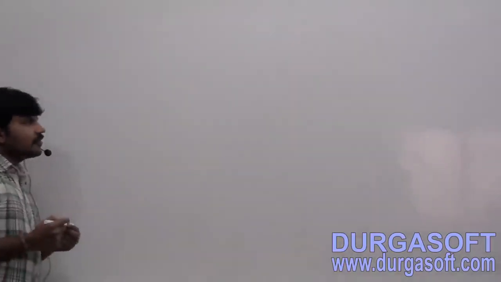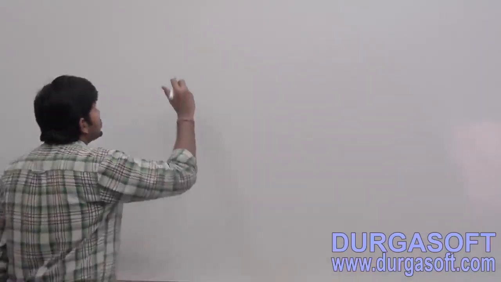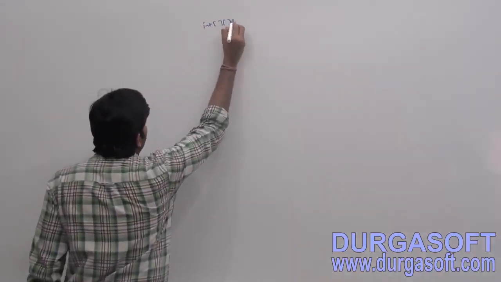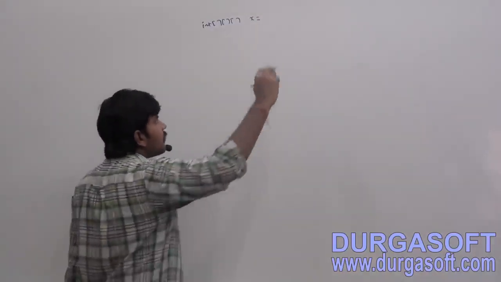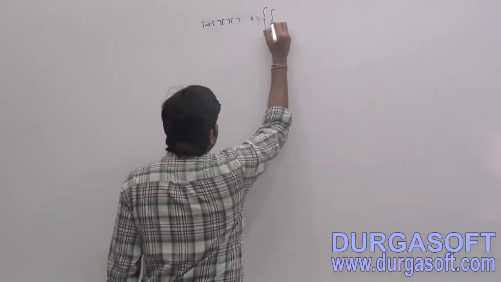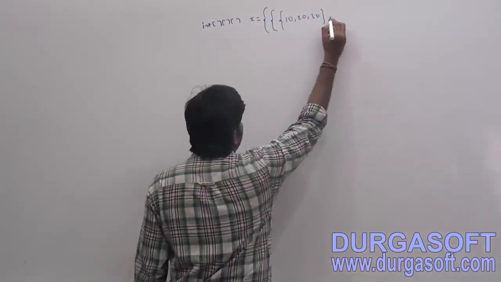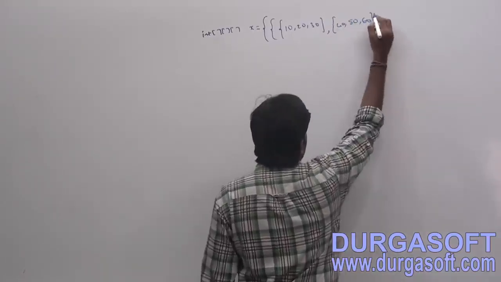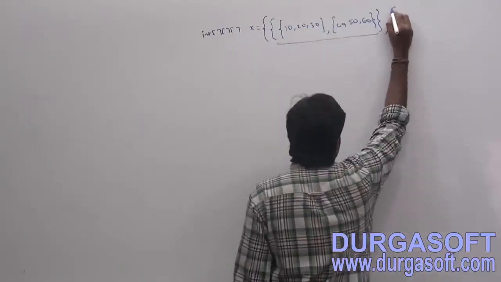So from this area, what kind of question is there a possibility to ask? Okay. Here see, I am taking a 3-dimensional array. Here 10, 20, 30, and 40, 50, 60 is the first 2-dimensional array.